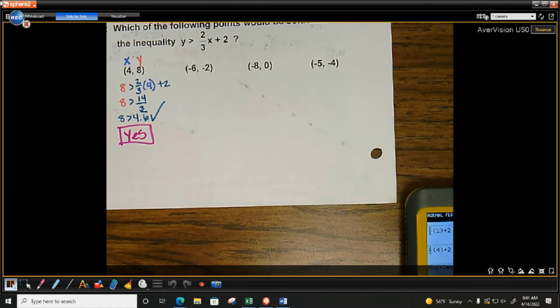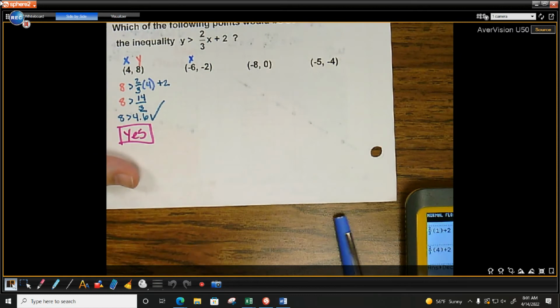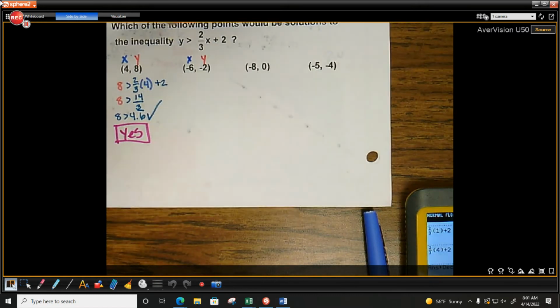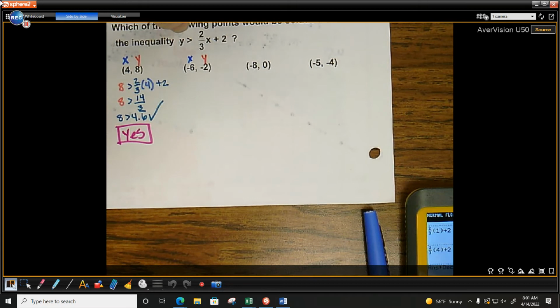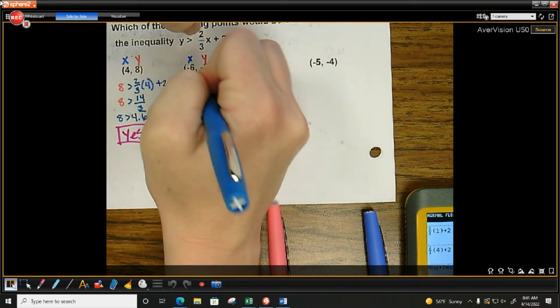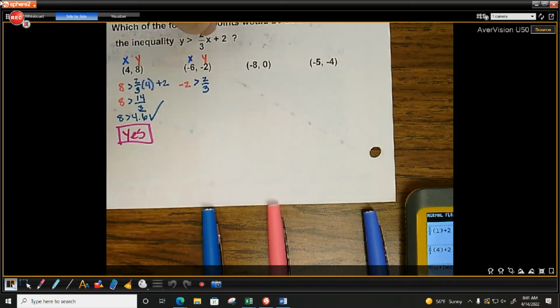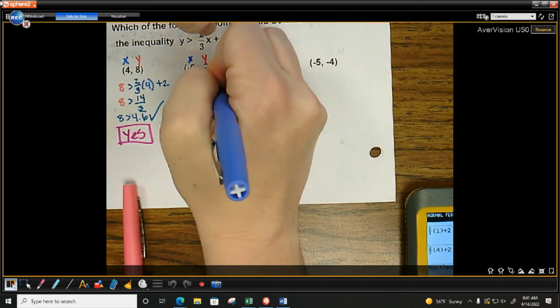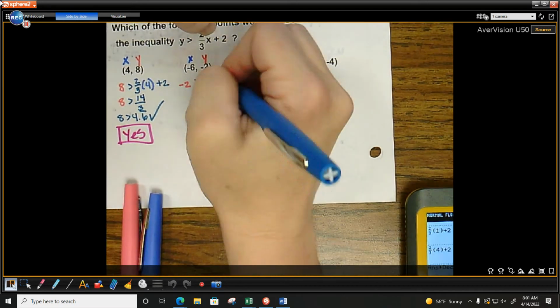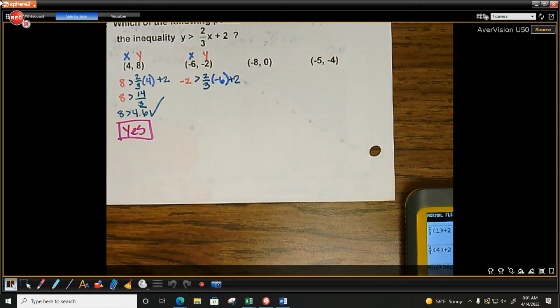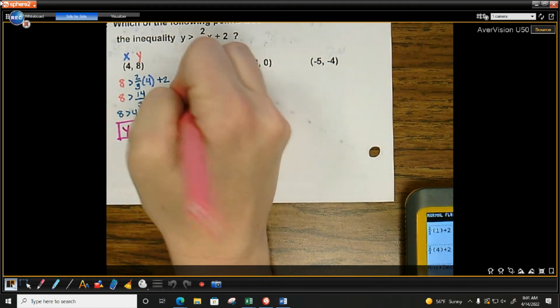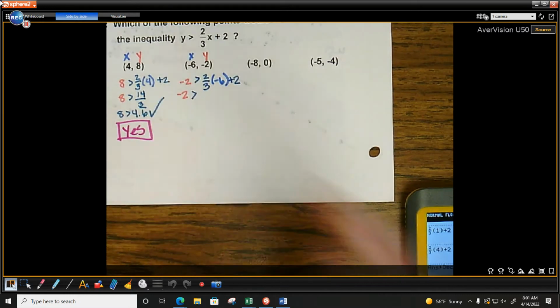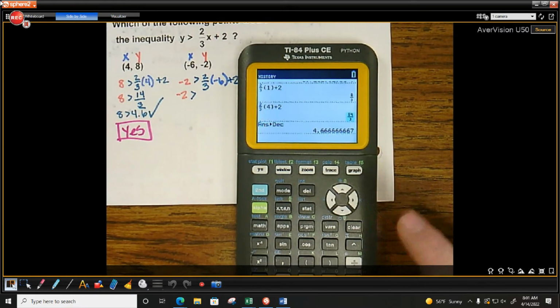Okay? Next one, label your ordered pair. X, Y. I'm going to write my inequality, but instead of Y, what am I going to put? Is greater than 2/3 times, not X, what's X? -6 plus 2. Drop down your -2 is greater than, and again, I'm going to arrow up until I get to what I'm wanting to re-put in the calculator.